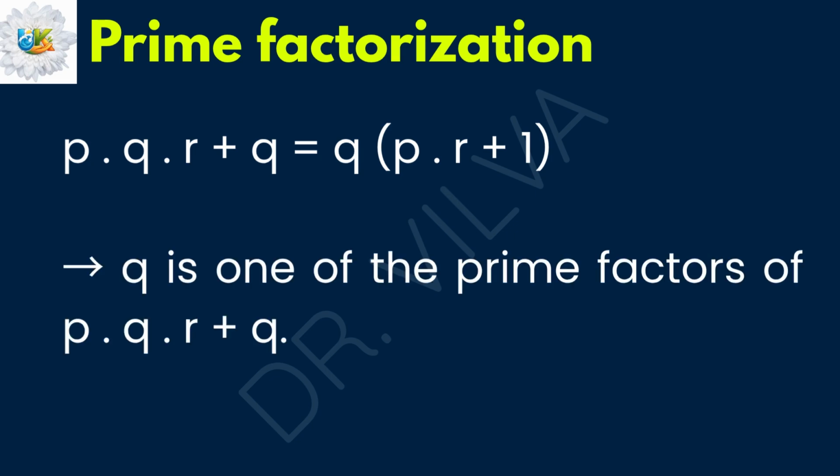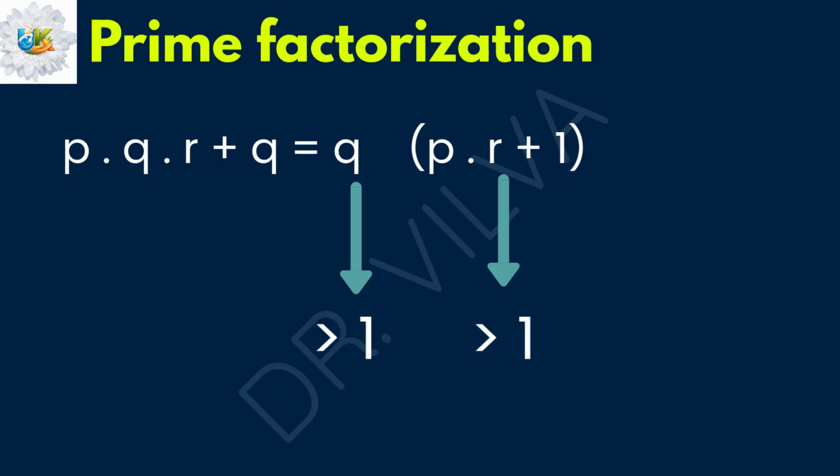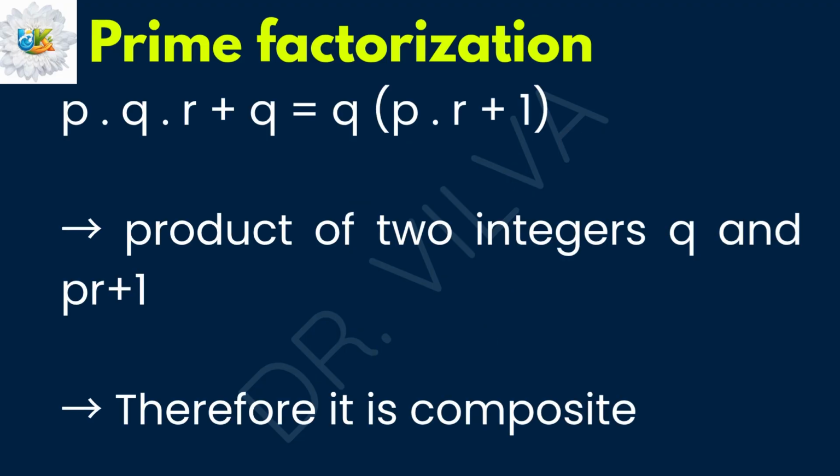Q times (PR plus 1). We know Q is a prime number, so Q is greater than 1. Since P and R are distinct prime numbers, the term PR plus 1 is also an integer greater than 1.